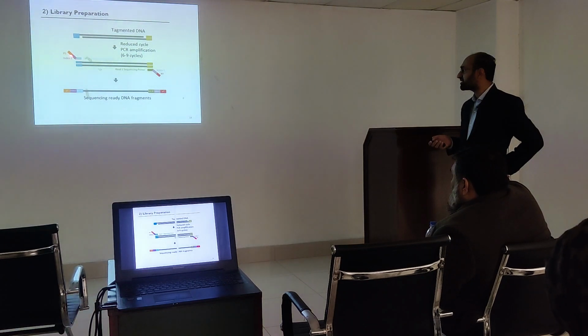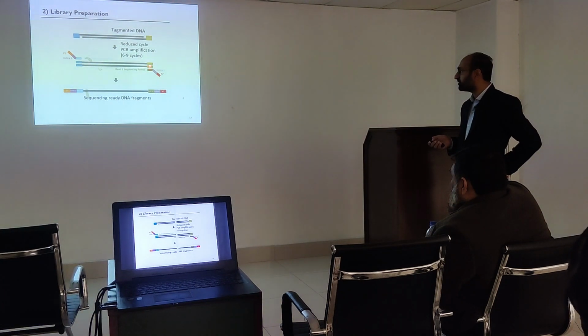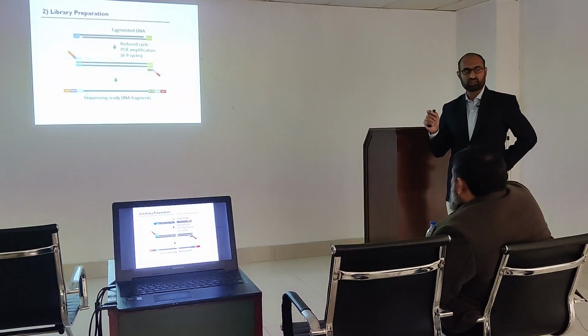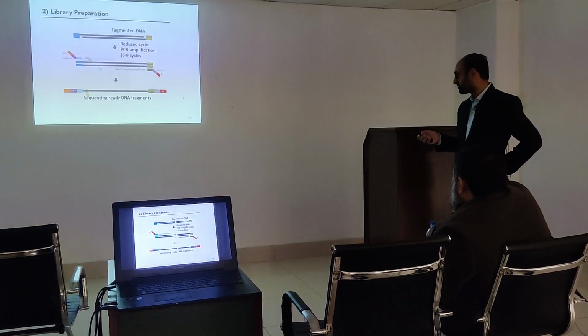These indexes have three parts. This is an approximately 45 nucleotide long oligo. The first portion is complementary to the adapter, on both sides. The second part of this index is a unique nucleotide sequence which is approximately 8 to 10 nucleotides long. And the third portion is P7 at one side and P5 at the other side.